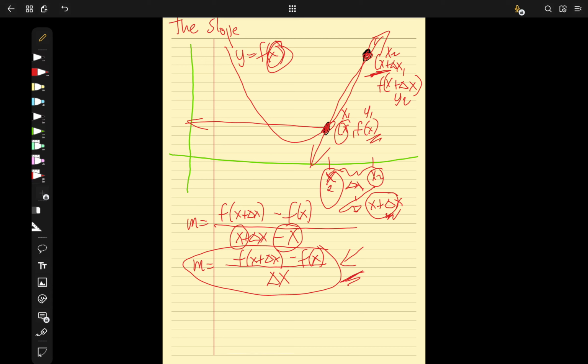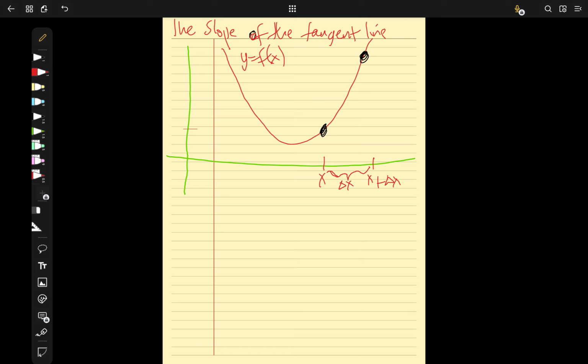Okay? However guys, our main question now is, it is easy to find the slope when you know the 2 points. So when you know that this is x, this is x plus delta x, it is easy to compute. But what if all we want to find is the slope of this, the green line? The tangent line at this point P1.